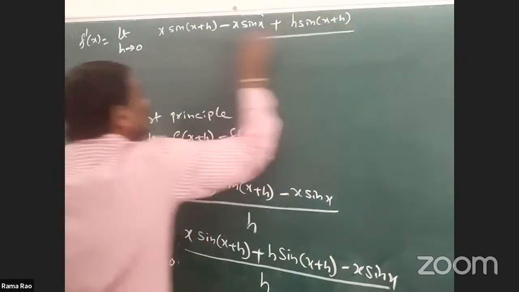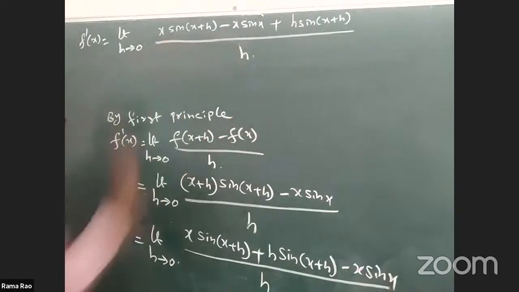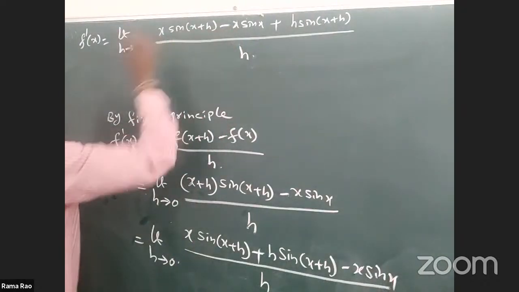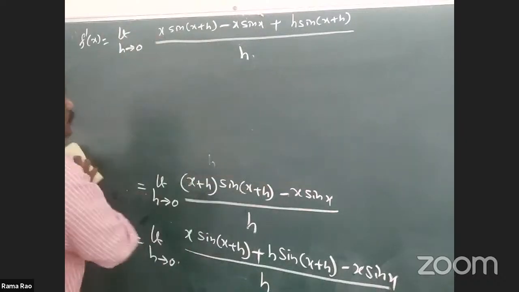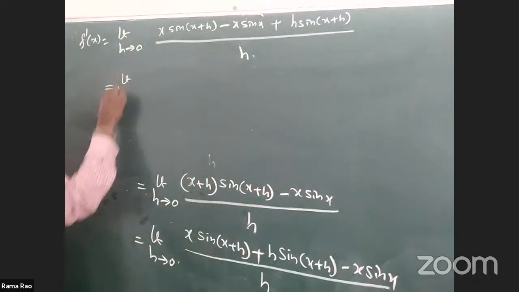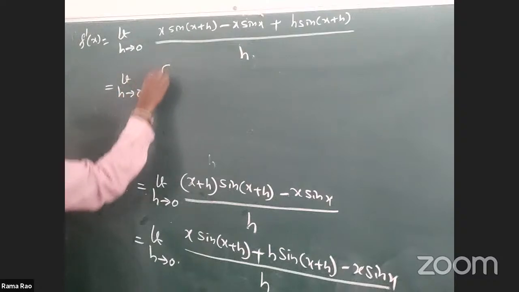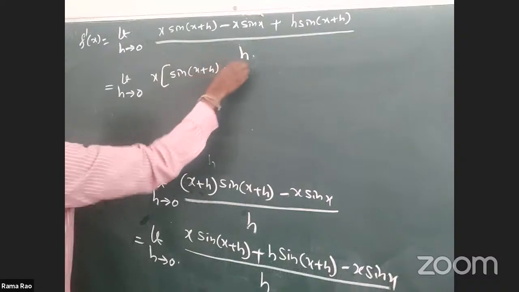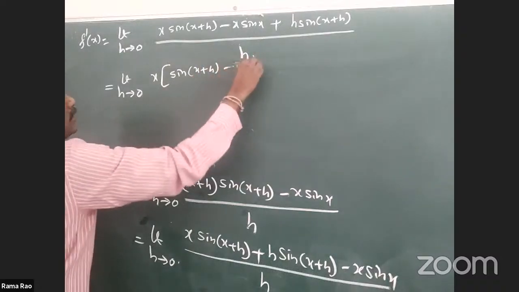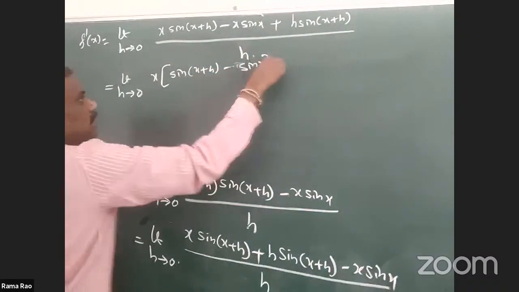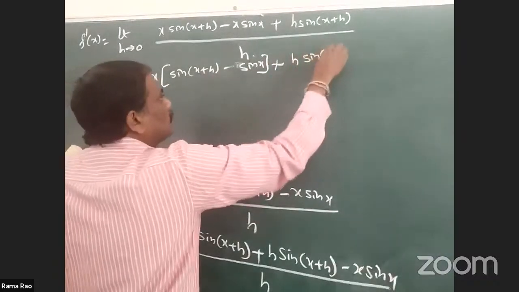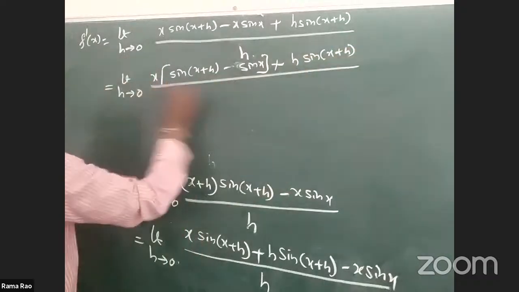For our convenience, in these two terms, x is the common. Now, limit h tends to 0, if you take x as common, sin of x plus h minus sin x by h, plus h into sin of x plus h by h.